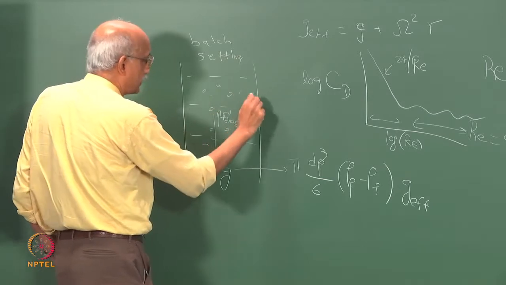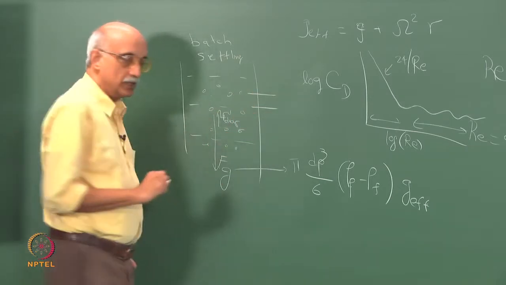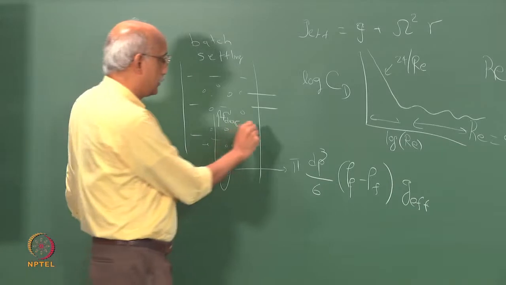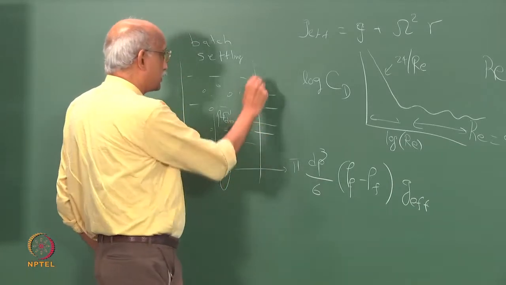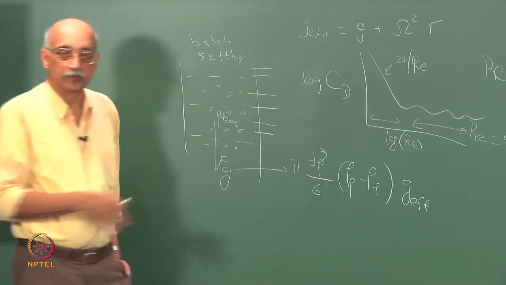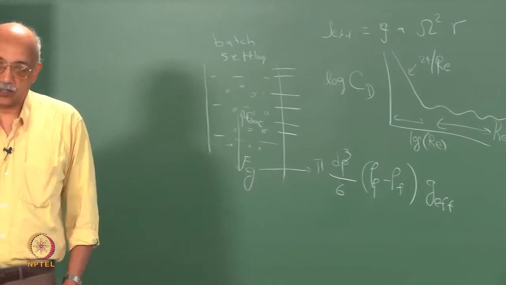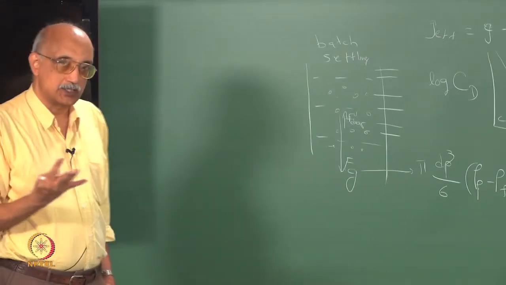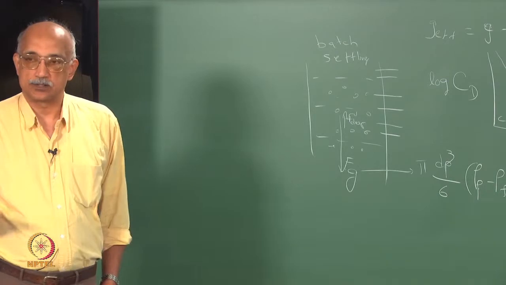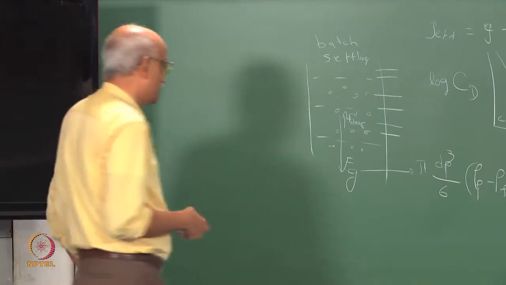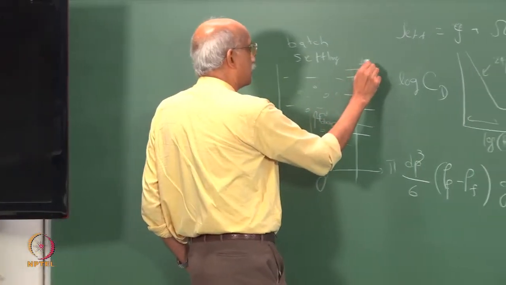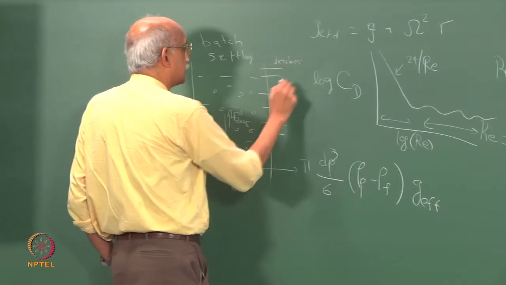There is a variant of that where you can actually take the fluid out at different levels of this column and thereby again achieve separation of the particles by size, and this process is known as beaker decantation.